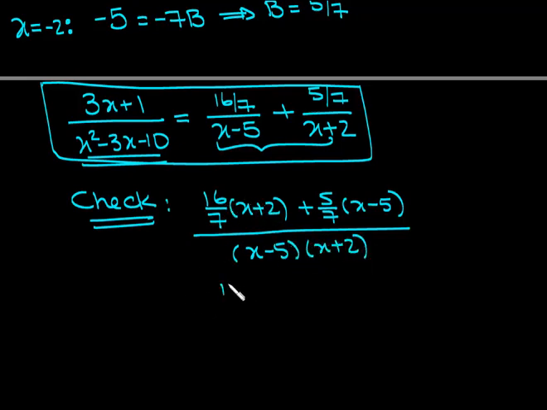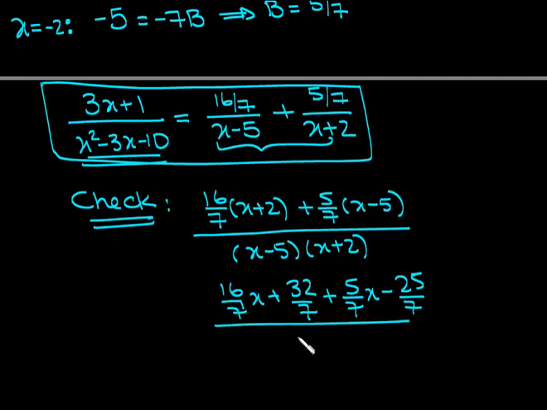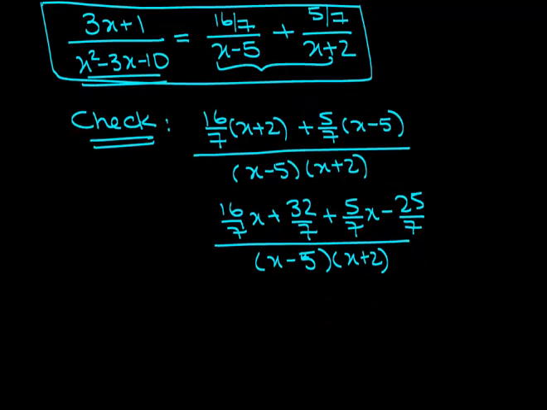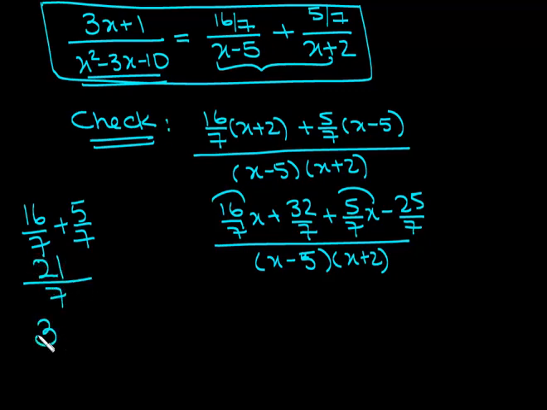You distribute here, so we get 16/7 x plus 32 over 7 plus 5/7 x minus 25 over 7, over the common denominator. Okay, I can add the x's, so I have 16/7 plus 5/7. The common denominator is 7, so we get 21 over 7, which is 3.